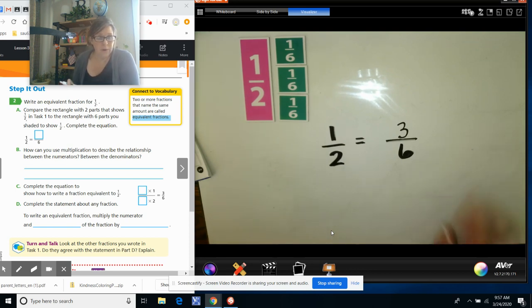So if we were to complete the equation to show how to write a fraction equivalent to a half, look at that equation and how it's set up.